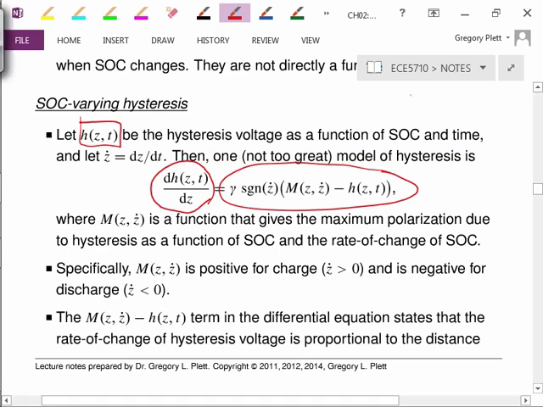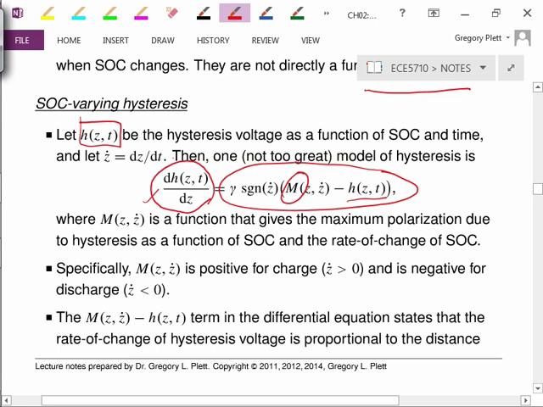And it says if there's a maximum hysteresis, capital M, at this state of charge and this rate of change of state of charge, and there's a present value of my hysteresis state in this model, then if that difference between the present hysteresis and the maximum amount is large, then basically my rate of change of hysteresis is large.